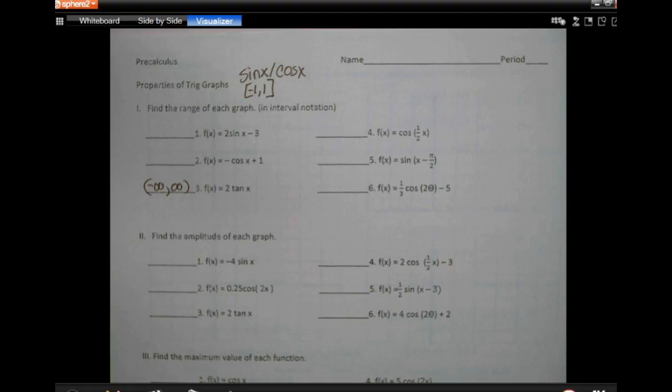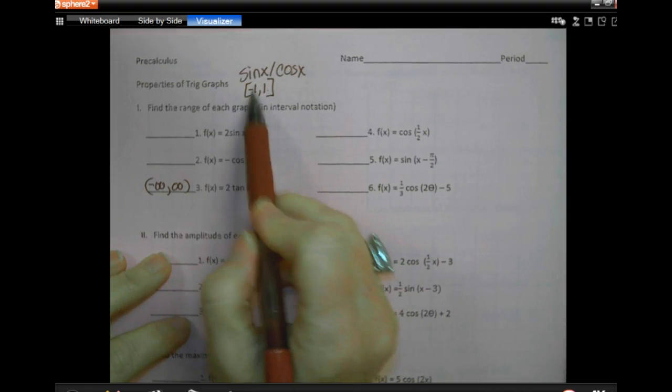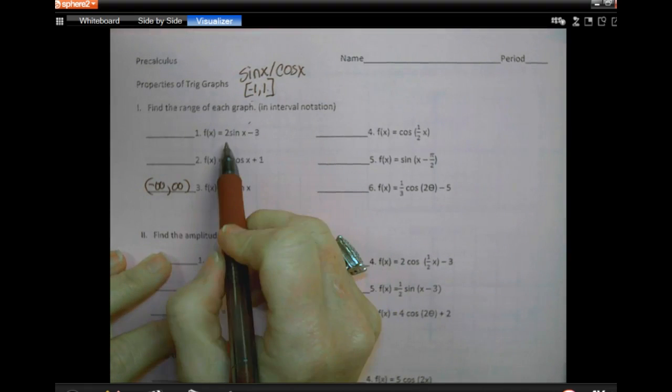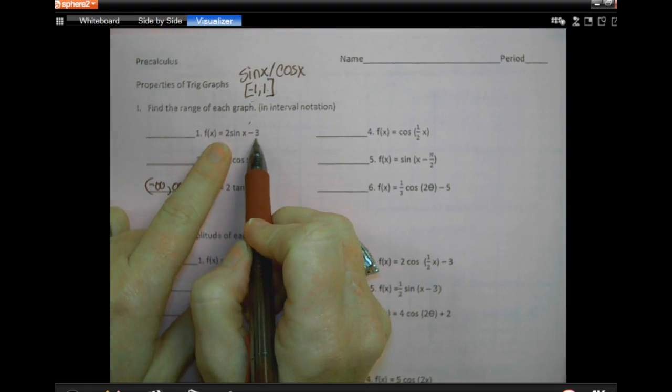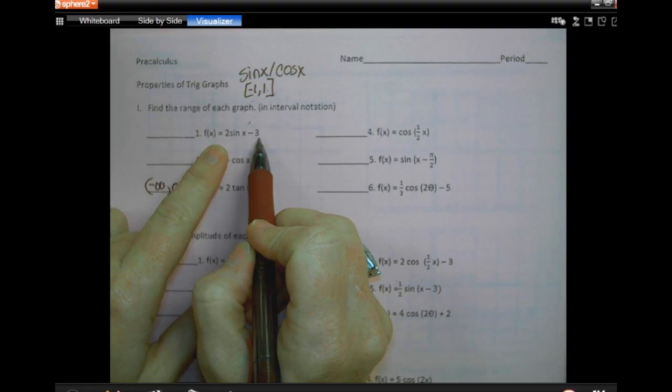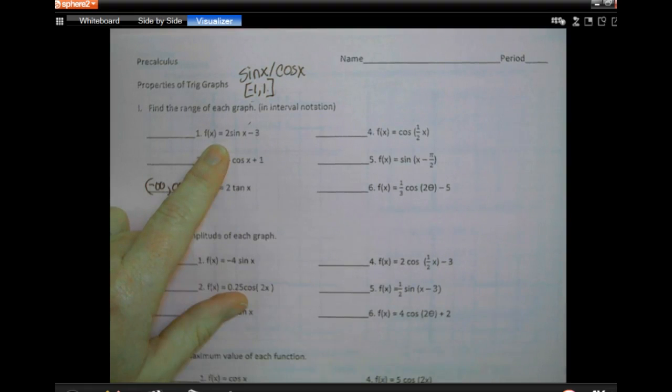Now, if I have -1 to 1, so to come up with my new range, I have 2 and -3, and those affect my y values. So am I going to multiply by 2, or am I going to add, subtract 3? Multiply first and then subtract.